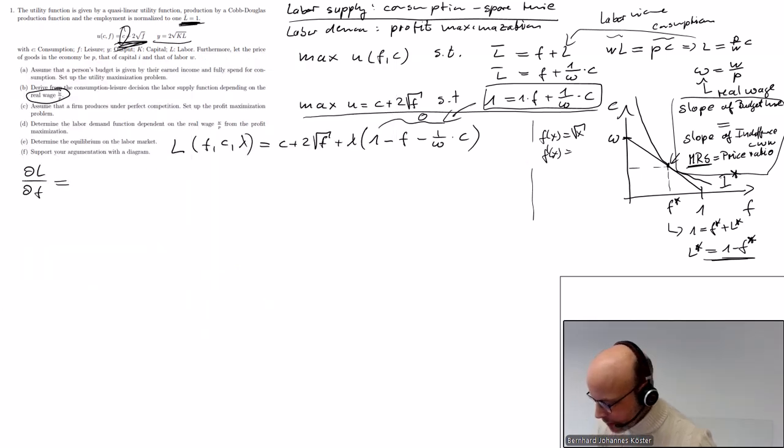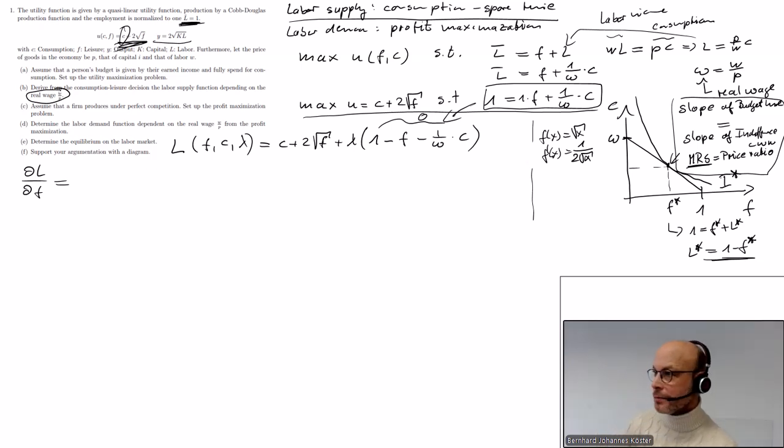Maybe there's an answer. What is the derivative of square root? Yes, 1 over 2 times square root of x. Yeah, that's it.